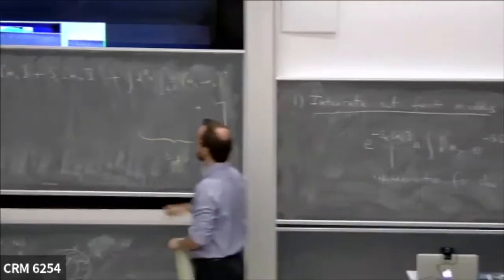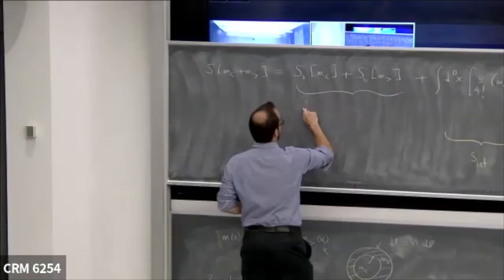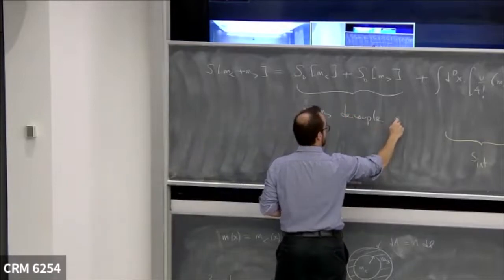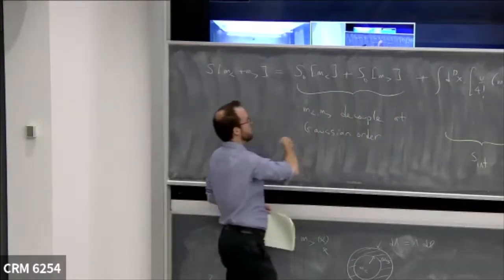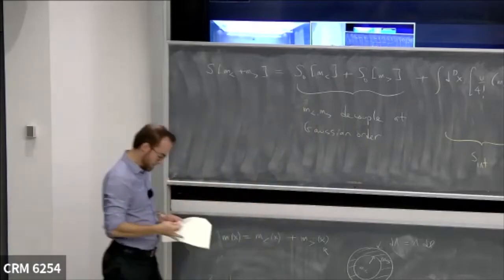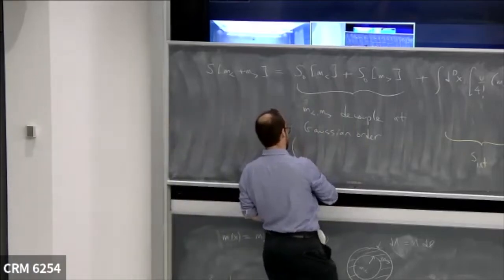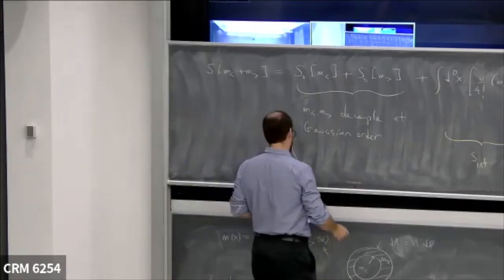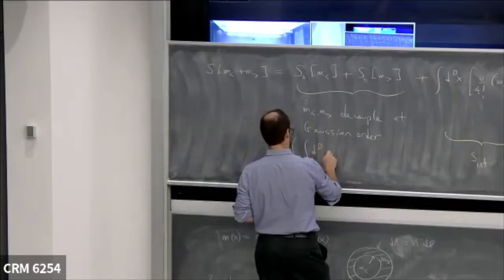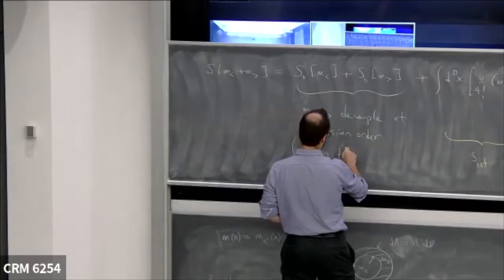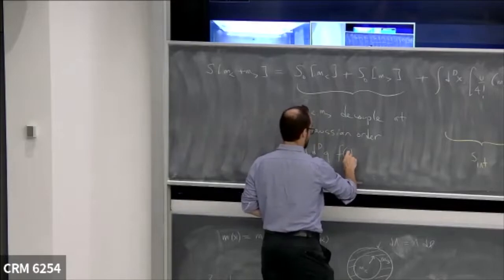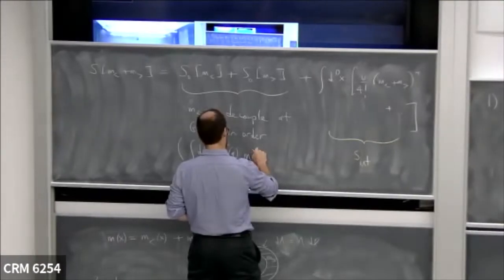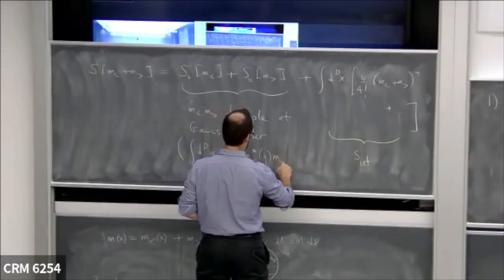The reason that this decouples is that m lesser and m greater decouple at the Gaussian order. Why? There is an m lesser, m greater term, but actually this term vanishes because these have disjoint support in momentum space. If you're integrating over dq at quadratic order, this will be something like some kernel f of q, and then m lesser of q, m greater of q.